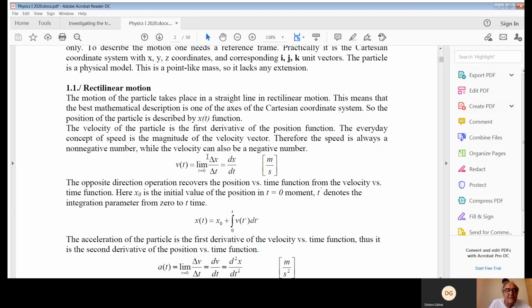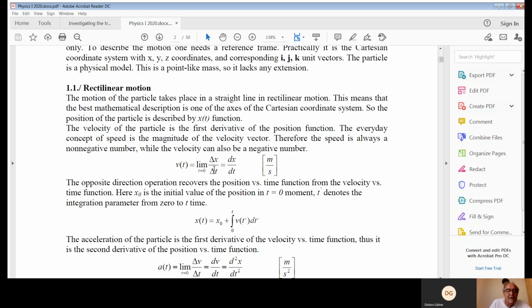We have a small displacement in x position, and relative to that, a small displacement in time, a small elapsed time. And if we divide these two, we recover an average velocity for that little delta t time. But this one is not an instantaneous value, but it's characteristic to that finite delta t interval.